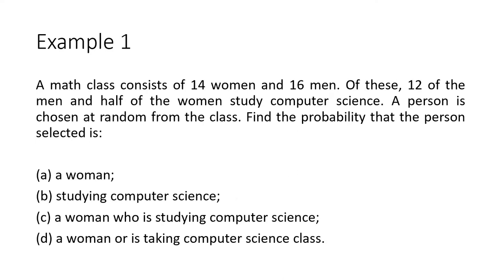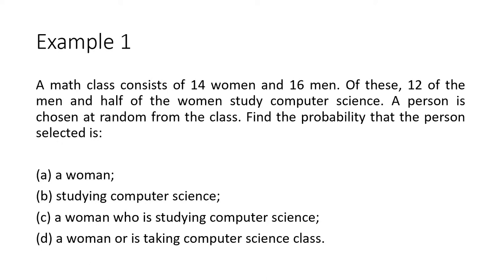Point C is going to be more complicated. We have to find the probability that a randomly picked student is a woman who is studying computer science. If you recall the first video from this lecture, which is about set notations, you can figure out that the relevant concept is intersection.